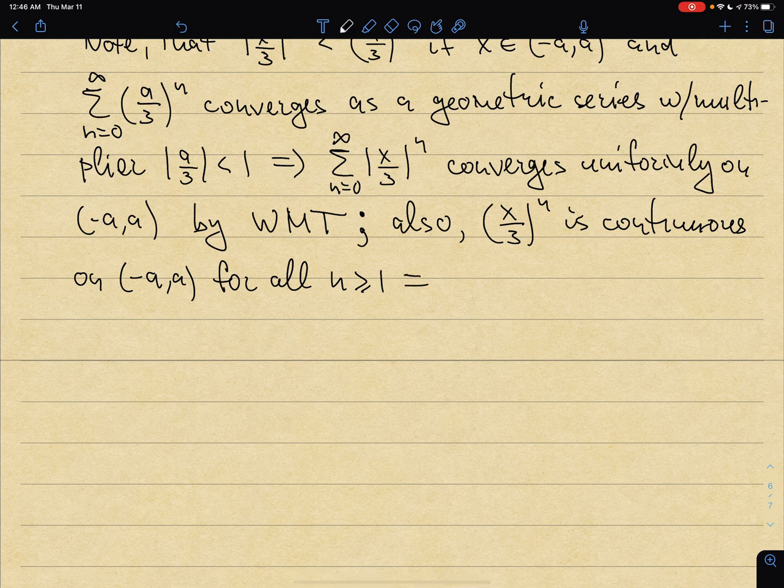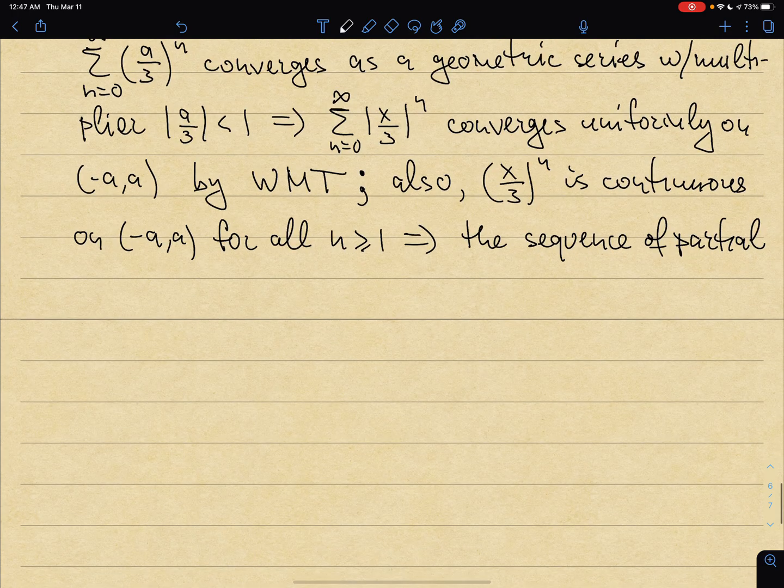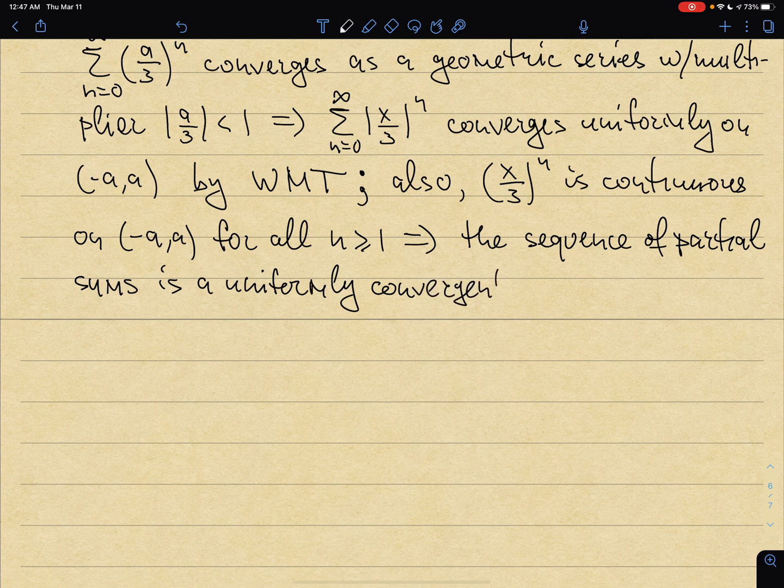And this means that the sequence of partial sums in this case is a uniformly convergent sequence of continuous functions.